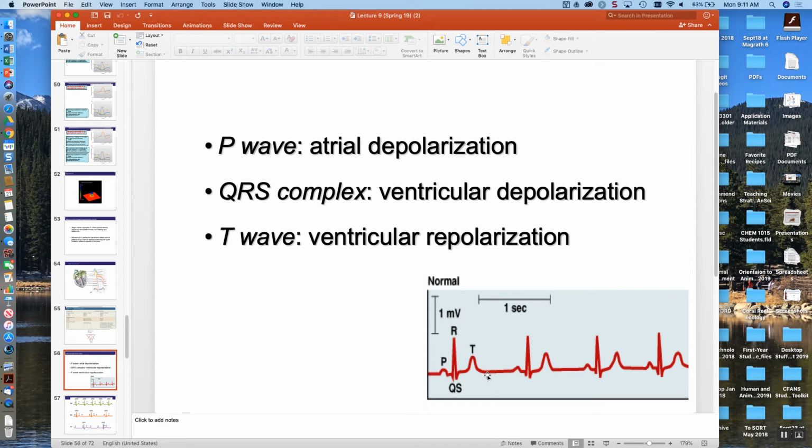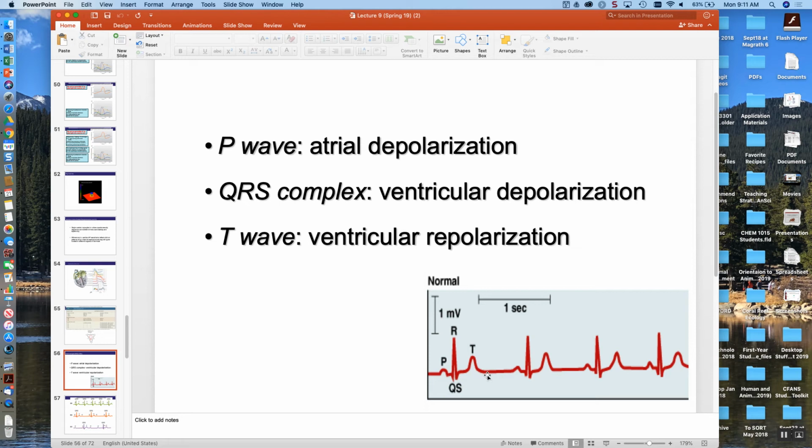Really, the QRS and T wave are looking at how the action potentials sweep through the heart in a vectoral manner, in a particular direction. So depolarization starts in the SA node, sweeps through the atrium, down the septum, up through the Purkinje fibers, and up through the ventricular myocytes.